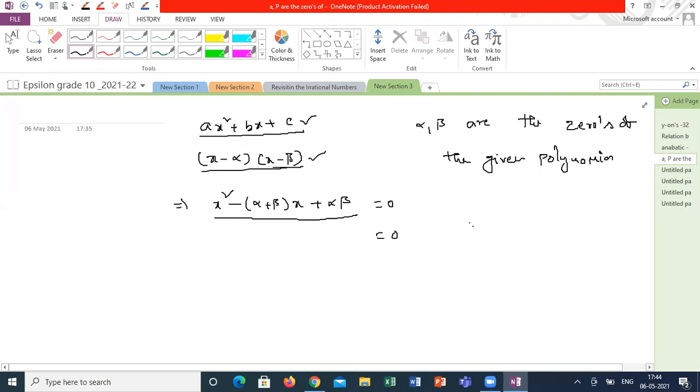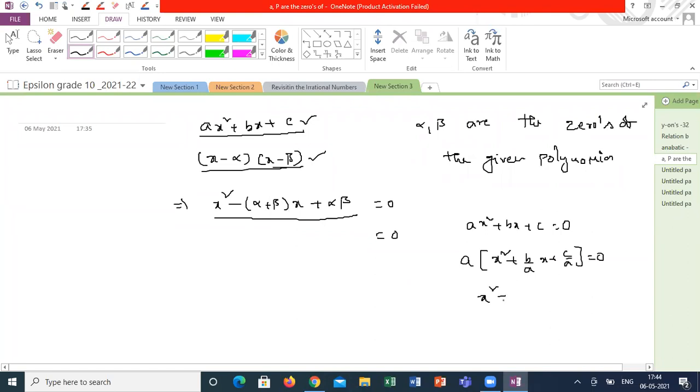Suppose I am trying to make ax square plus bx plus c equal to 0. I take a common to make the x square coefficient 1, then only it will be easy for me to compare with this expression. So a times x square plus b by a into x plus c by a is equal to 0.